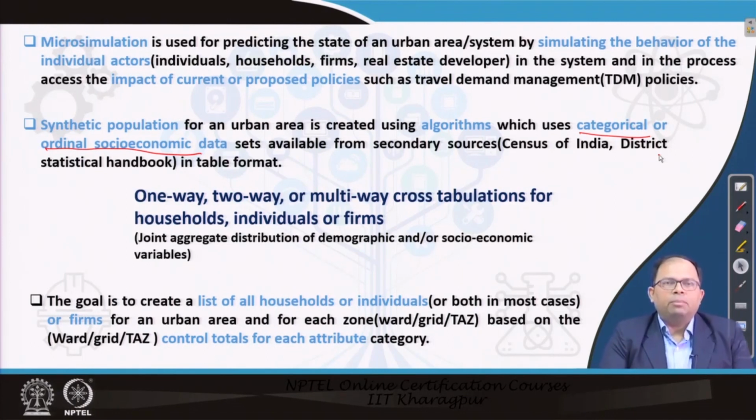It could be a one-way table, that means only one variable, or a two-way table where two variables are involved, or a multi-way table involving many variables and cross dependencies. For example, gender as well as age group could be a two-way categorization of all the individuals of a particular area, whereas if we add education to gender and age group, then we are adding a third dimension.